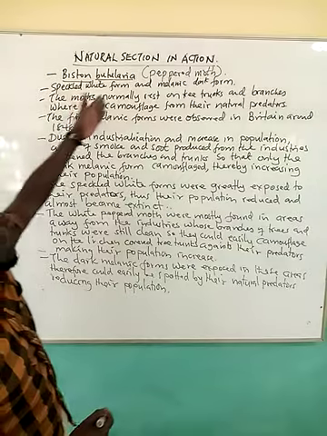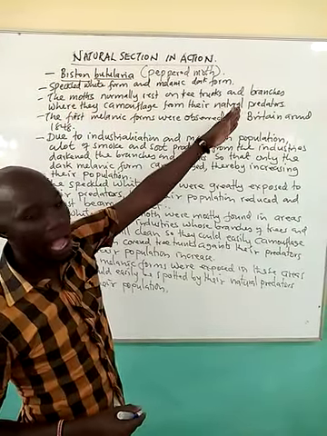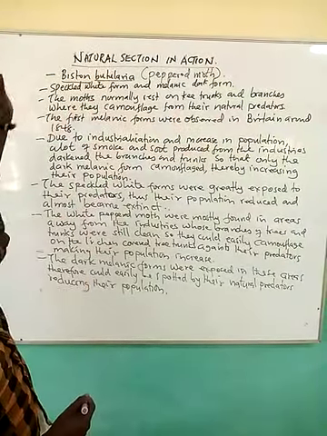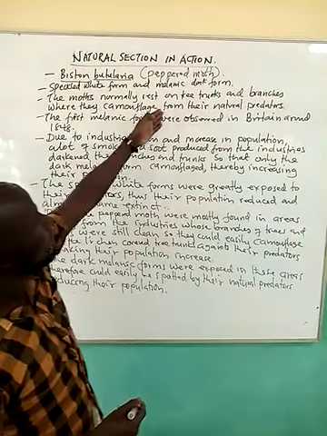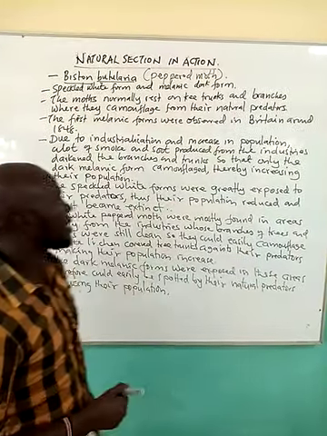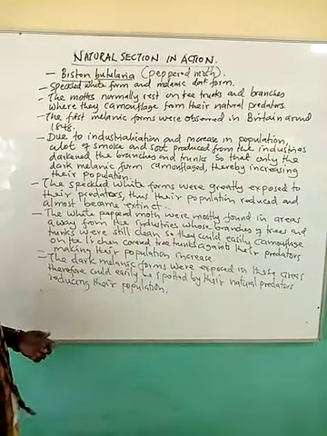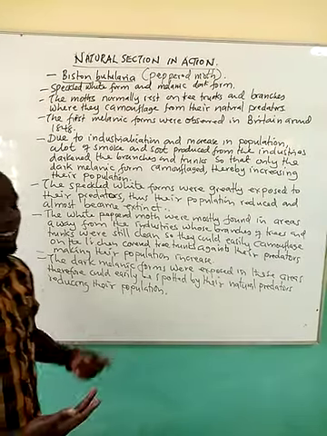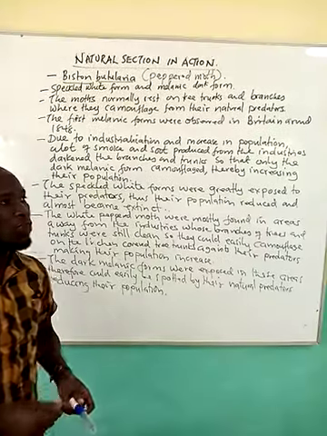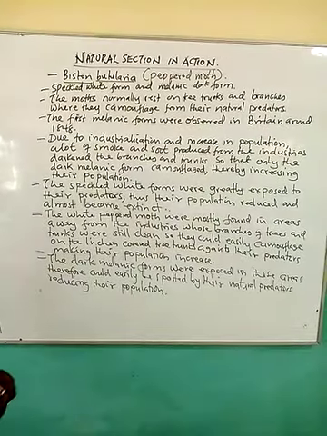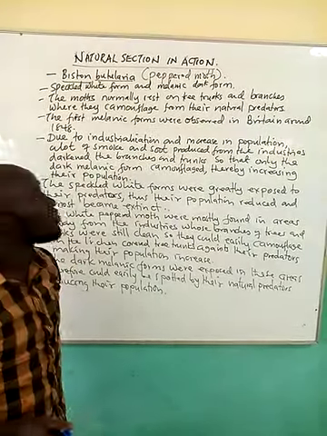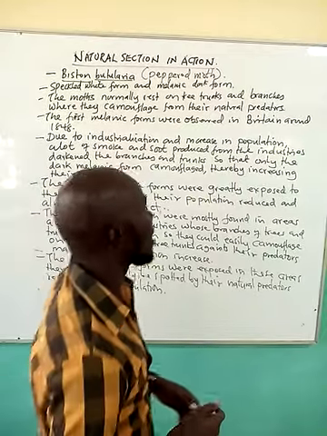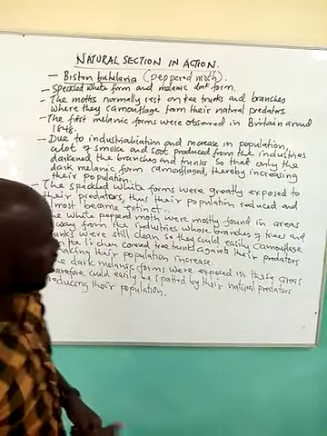So we say that moths normally rest on the trunks, and out of that they are able to camouflage from their natural predators, those organisms that feed on them. So the first one, we are going to look at what was seen by Charles Darwin. That was in 1848. The first melanic forms were observed in Britain around 1848.